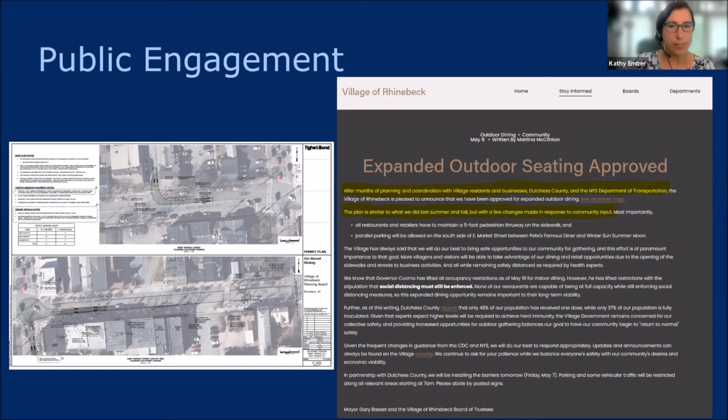Part of that process involved creating applications for the outdoor dining and retail permits, but they also did 3 public input sessions. They had an opportunity for submitting written comments as well. And part of their process, because it was on a state road, was also developing a fully engineered plan for the open streets installation in coordination with NYSDOT, who was the road owner. And in addition, they had a survey.